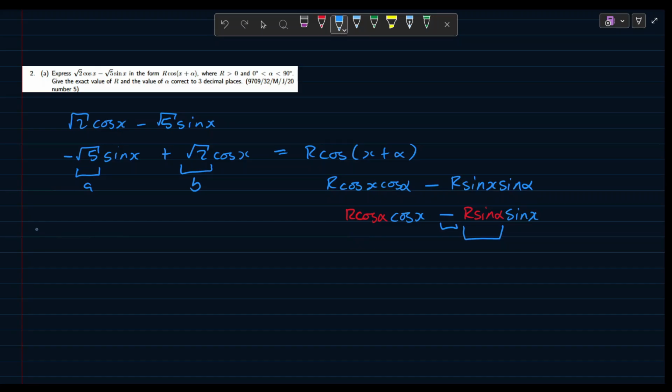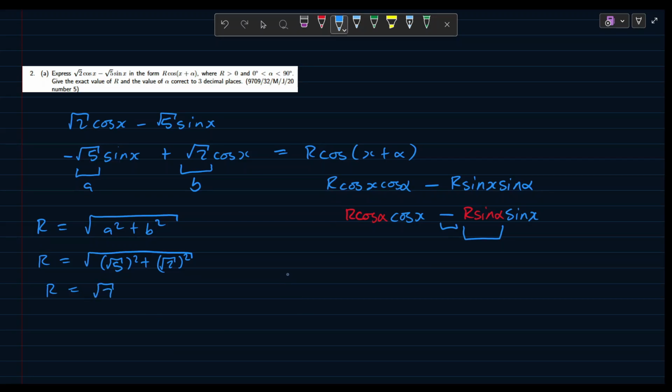So to get r, we're simply going to say the square root of a squared plus b squared. R is equal to the square root of root 5 squared plus root 2 squared. So r is equal to, let's punch this into the calculator, this is going to be root 5 plus 2, so root 7.